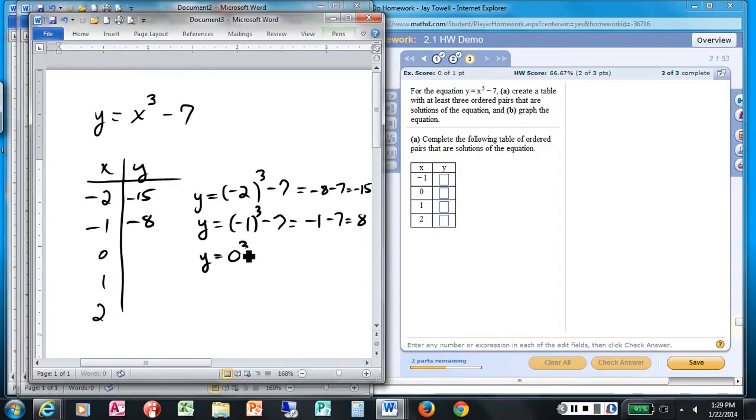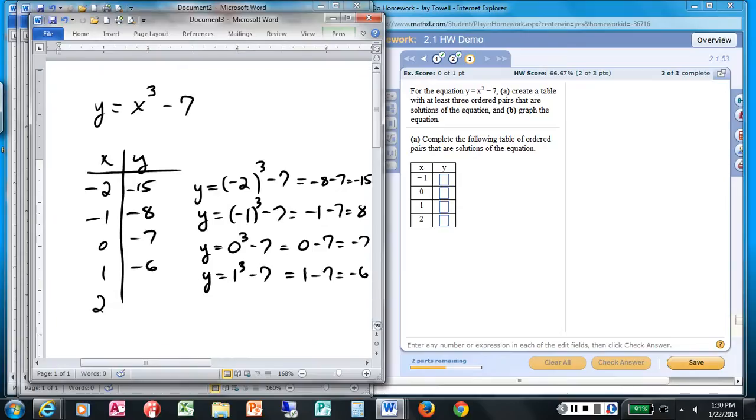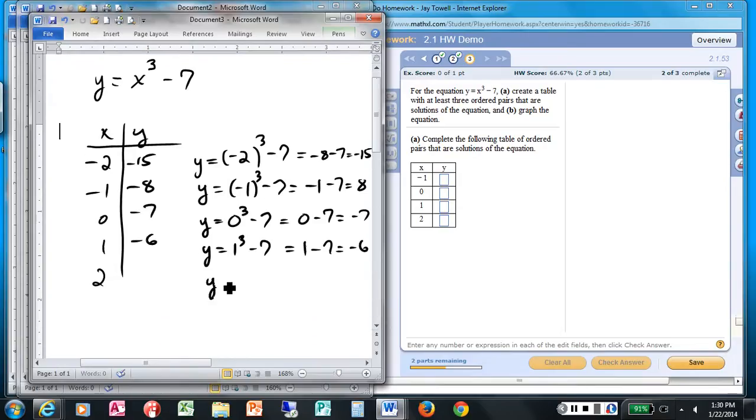We get a few easier ones now. 0 cubed minus 7 is 0 minus 7, which is -7. And then 1 cubed minus 7 is 1 minus 7, so that's -6. And then 2 cubed minus 7, for x is 2, so that'll be 8 minus 7, so we get a positive value out of that one, +1.